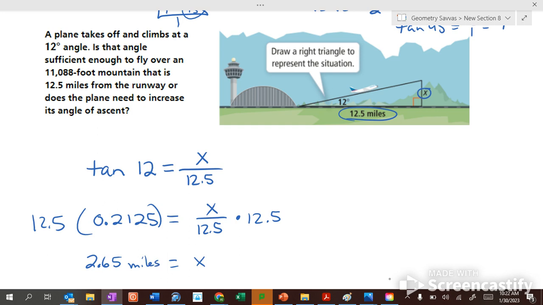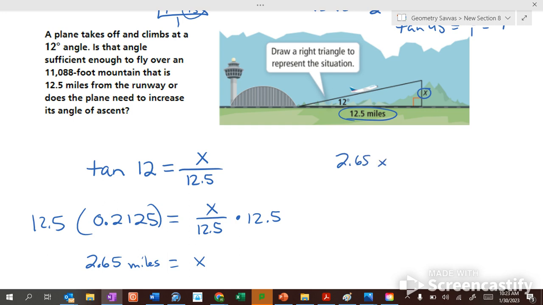So it's going to climb up 2.65 miles in 12.5 miles of flying. Along the ground, for the 12.5 miles, it's going to go up in height 2.65 miles.